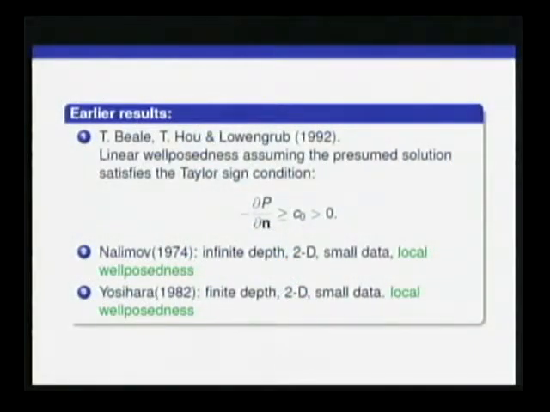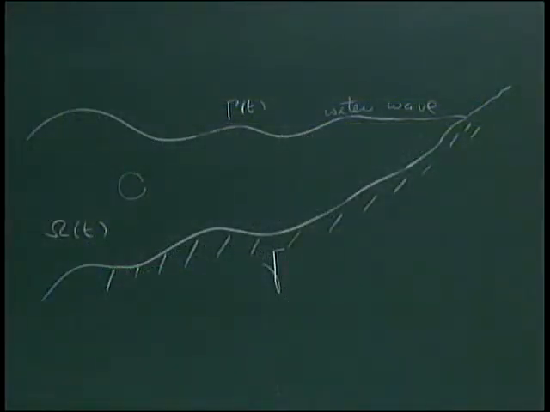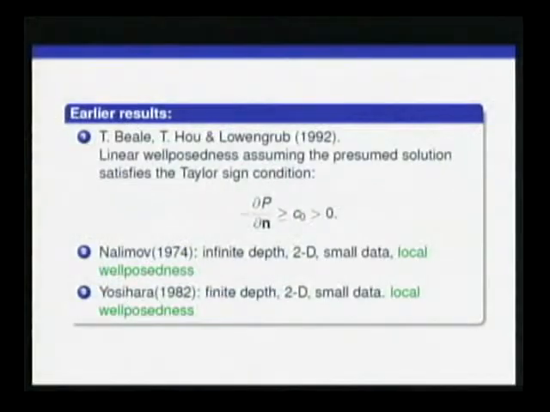So the importance was already there, but now we can prove it's actually always true. There was also earlier work for small data, which means the wave has to be almost flat. It's not an arbitrary wave; you cannot overturn. But right now that's the result.